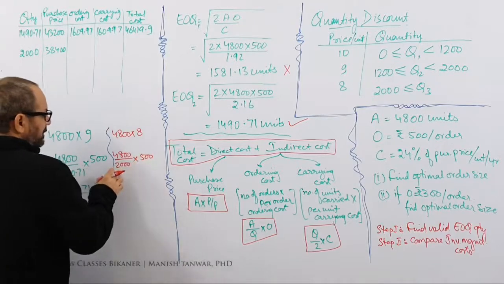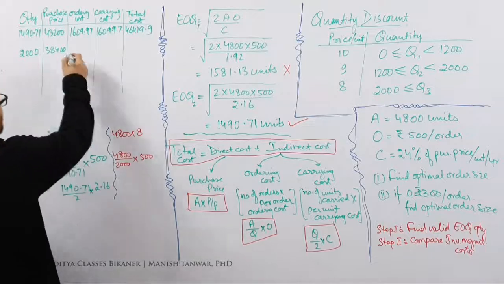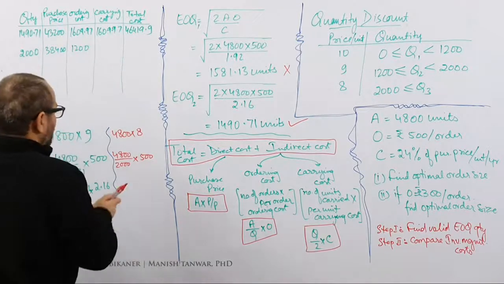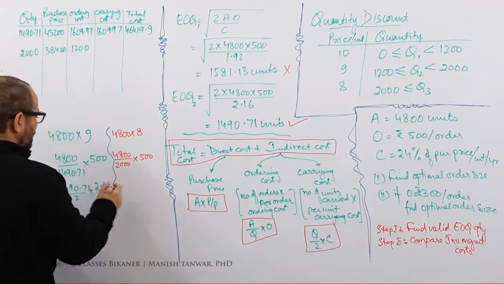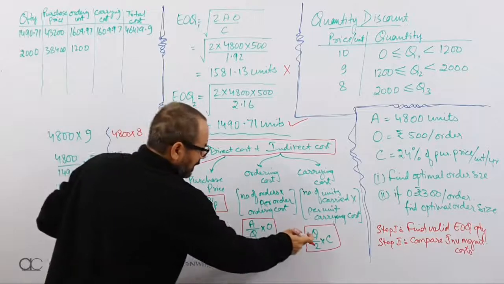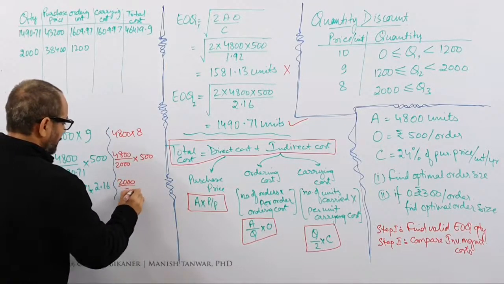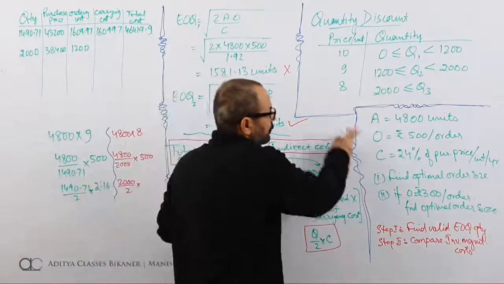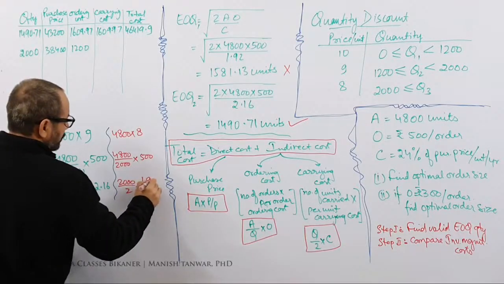So 500, it will become 1200. So we get this as 1200. Fine. And the last one would be carrying cost, half of order size. Order size is this time 2000, half of that multiplied by carrying cost. Carrying cost would be 24% of 8 rupees, which would be 1.92.